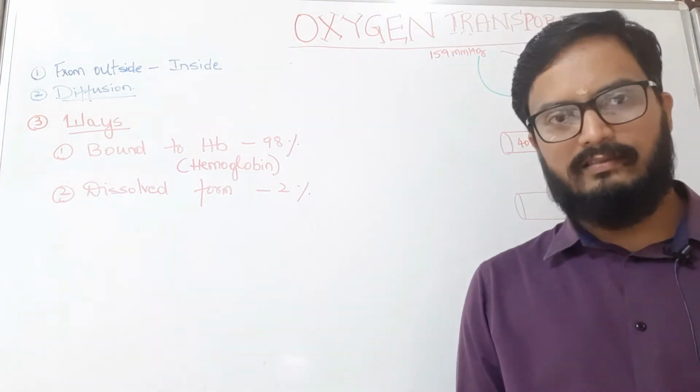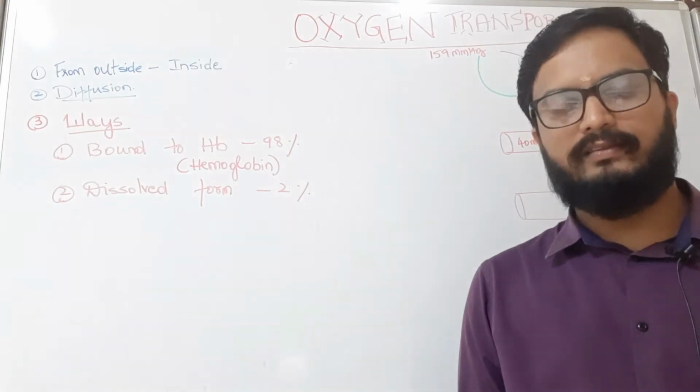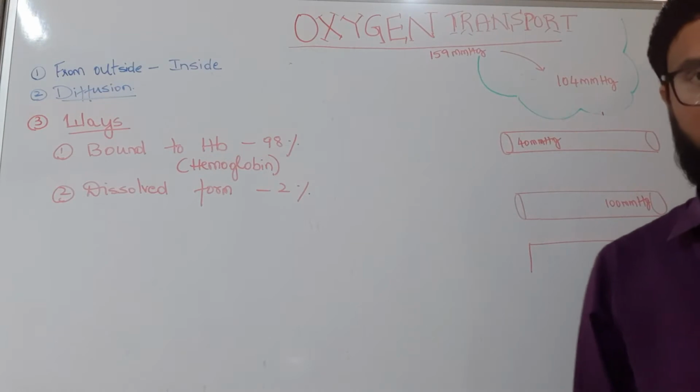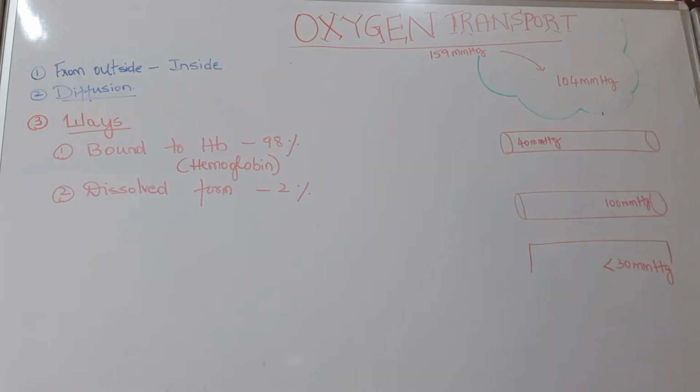So in this class, we are going to discuss oxygen transport, the mechanisms through which the oxygen that is present in the environment gets inside the body and is transported so that it will reach each and every cell.